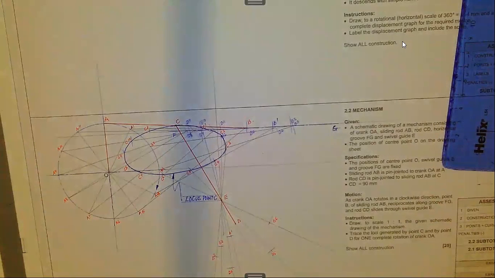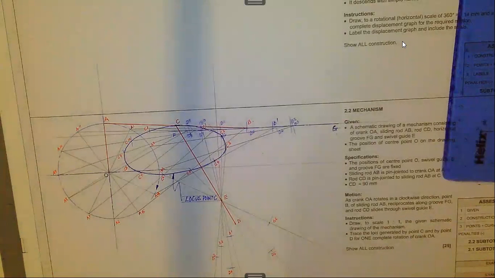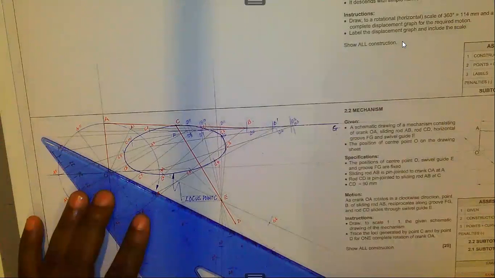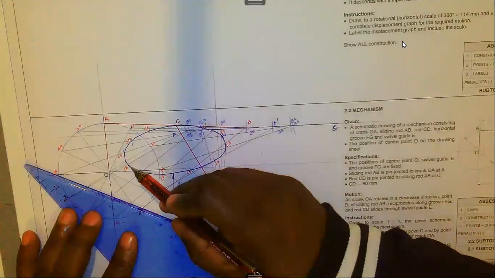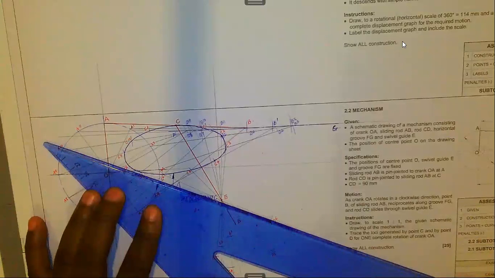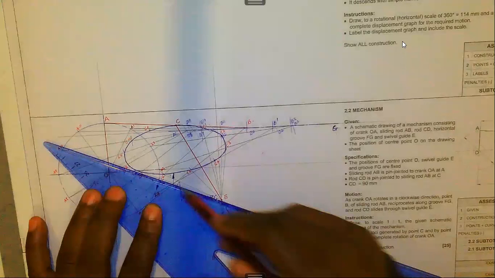Right. Once you've done that, you now move on to the next set of lines, which is 7, 8, and 9. Right. 7 is here, 8 is there, 9 is there. Sorry about that. Through point E. So from here, like that, okay. You'll be able to see.